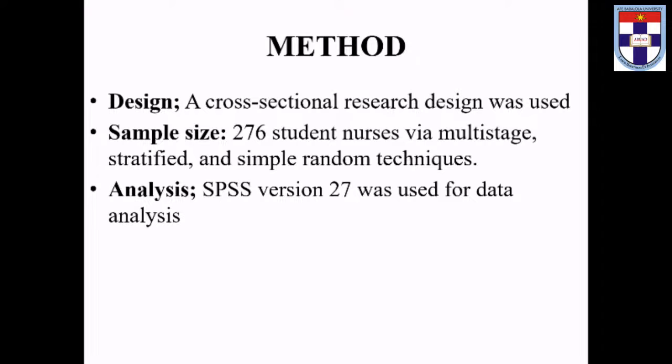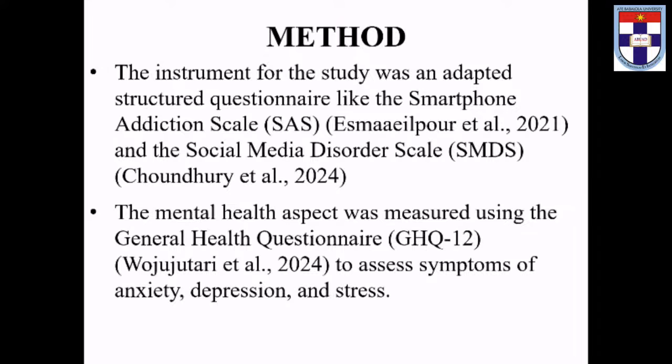Analysis was done using SPSS version 27. The instrument was an adapted structured questionnaire, like the social media scale, the smartphone addiction scale, and then the mental health aspect of it was measured using General Health Questionnaire 12.